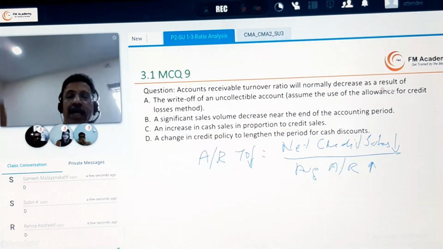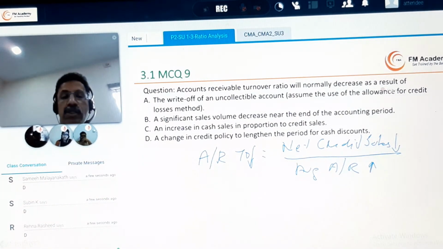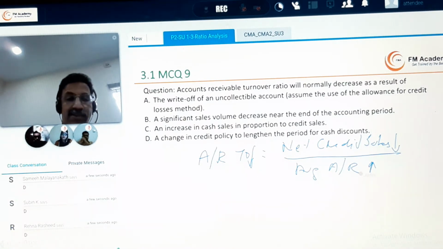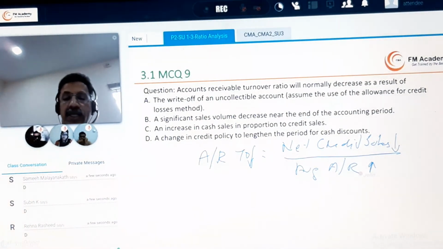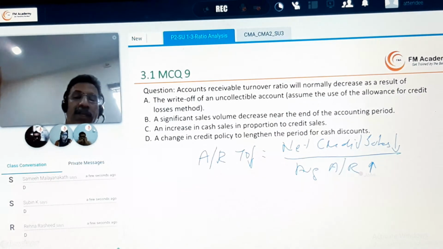But assume that you are, by mistake, not really thinking about this allowances method, and when the accounts receivable is written off, the denominator will come down. The denominator will come down, right? The ratio will increase, not decrease. So even if you assume that, denominator coming down means the ratio will increase.